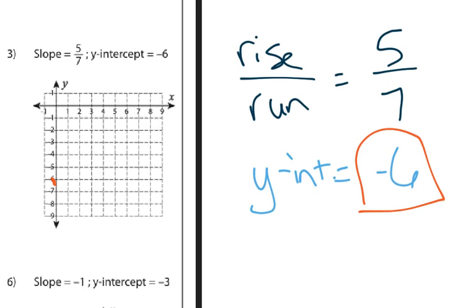I like to run first, so let's do that. So we're going to run 7. So 1, 2, 3, 4, 5, 6, 7. So we ran 7. Now we rise 5. 1, 2, 3, 4, 5. And that is my second point. I'm going to connect those dots, and there's my line.